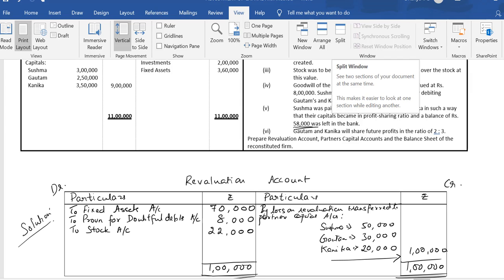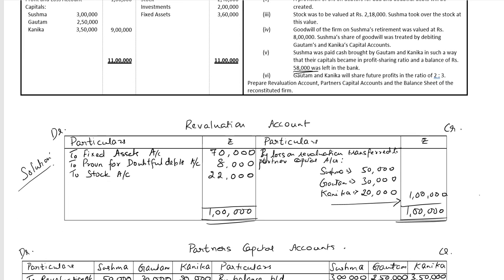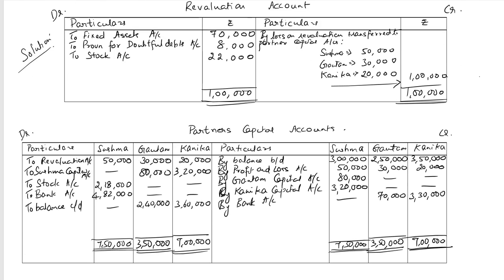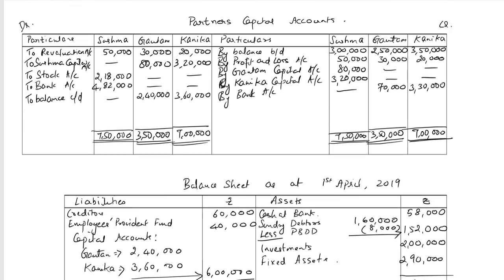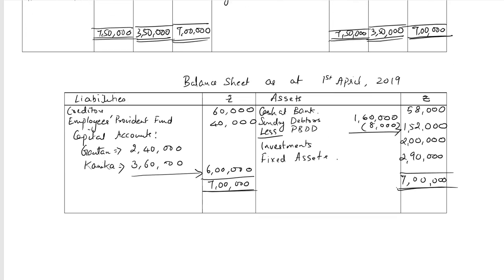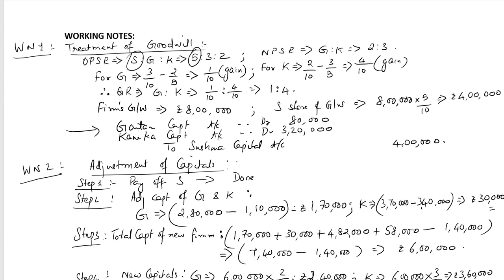We began with the revaluation account, followed by the partner's capital accounts, then the balance sheet, and the working notes.